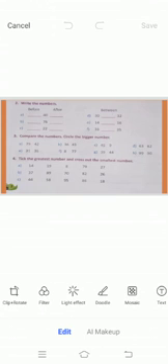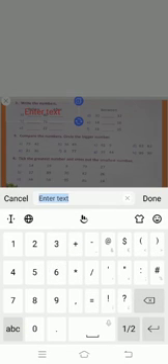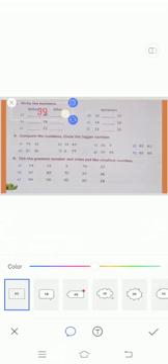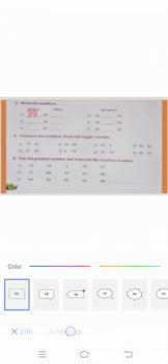Just before. 40 before is 39. So write here 39. Then 40 after is 41. So you should write 41.